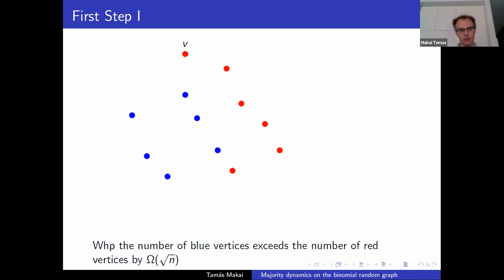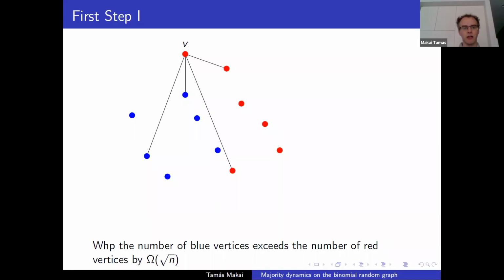So we want to know what's the probability that a vertex will become blue after 2 steps. Let's pick our favorite vertex V. In order to establish this probability, we will need to know how the neighbors of V behave.